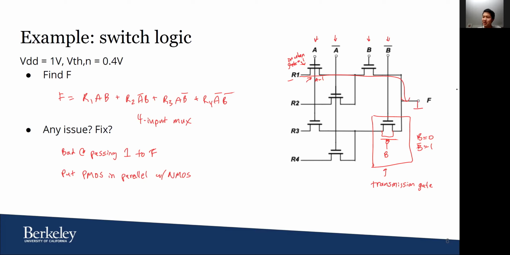Let's say, on the output, you're going to have some sort of load capacitance here, okay? And in order to change the voltage on F, you have to pull or push current into this load capacitor. So where would the current sources be in this logic gate? Here it's R1, R2, R3. That's right, yeah. You would have current sources that connect to here, right?